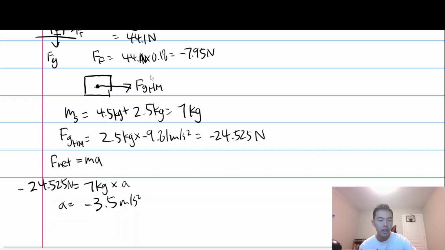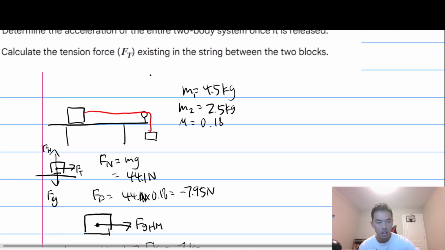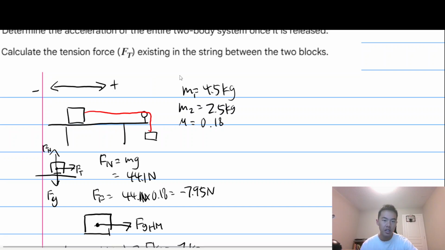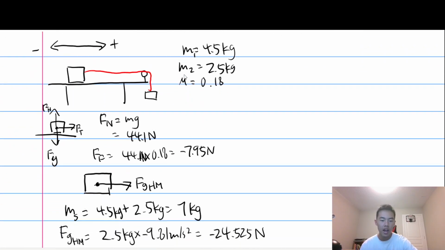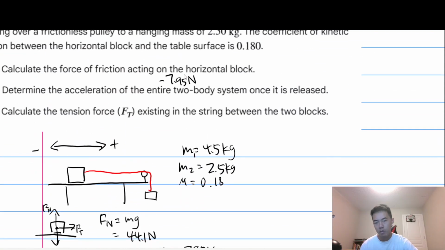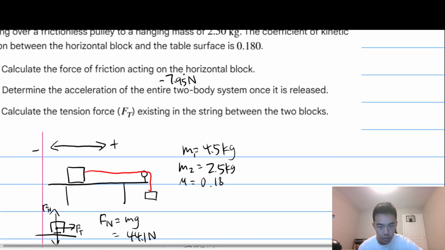And one more thing, I forgot to draw my axes again. I guess, which way would it be really? I wouldn't be too sure how I would say which direction acceleration is moving, because of the whole system, well, let's just say the magnitude. That is 3.50 meters per second squared.